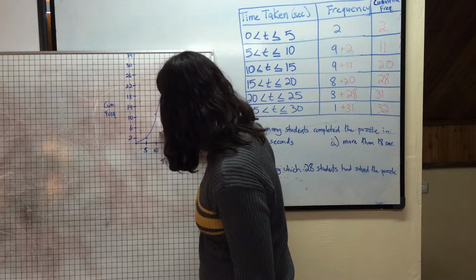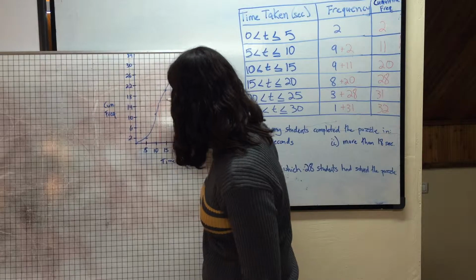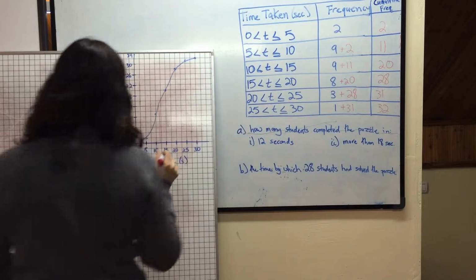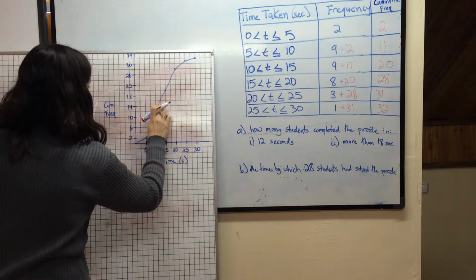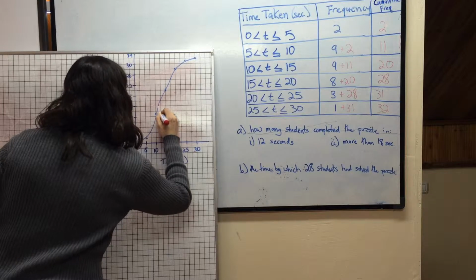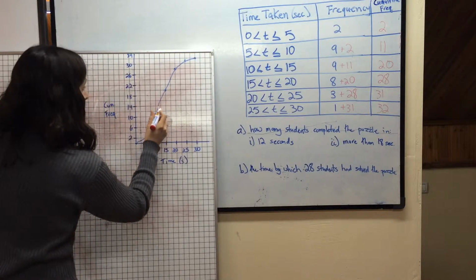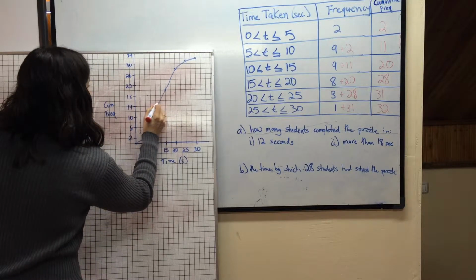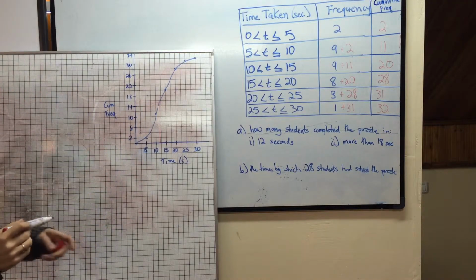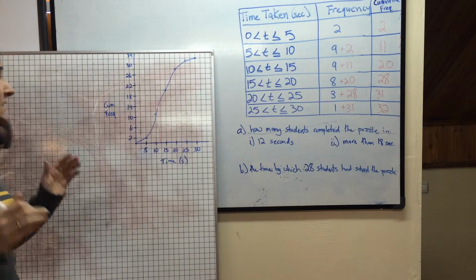So this is best drawn with a ruler. And then once you hit the line, this is a little bit off here. I should really be using a ruler. Do not follow my example. Okay, and then from this point we want to go to the axis, because the question is saying how many students.